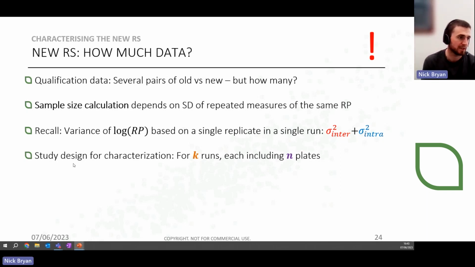So we're going to look at what this would entail for study design for K runs, including N plates. The way that we would do this is we want to have a look at our 95% confidence interval for the average of the relative potency across all of our bridging and reference qualification data.